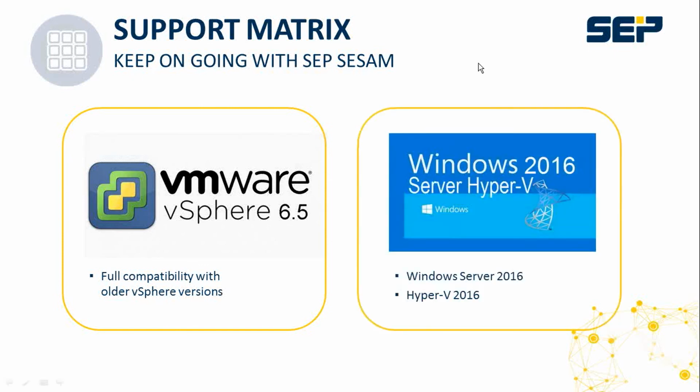Yeah, and then we have the Windows 2016. That's also important because it has been released in November last year, I think already, but it was somehow unlucky because we released our version in October last year, and Windows Server 2016 was released in November, just after our release.